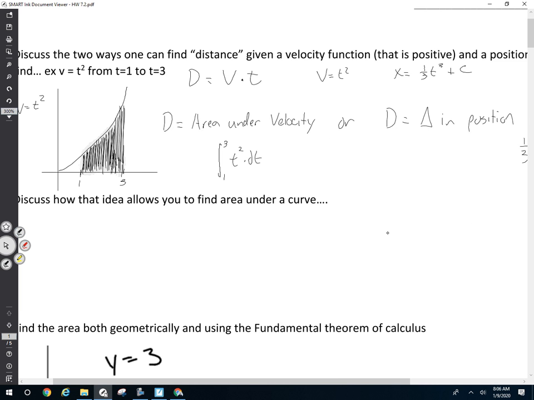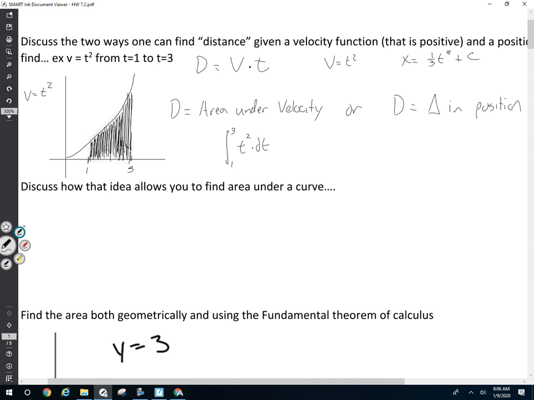That is how we find area under a curve. Instead of trying to do velocities times times, we don't have enough time to do an appropriate calculation to get that.